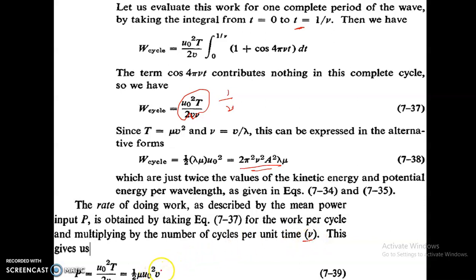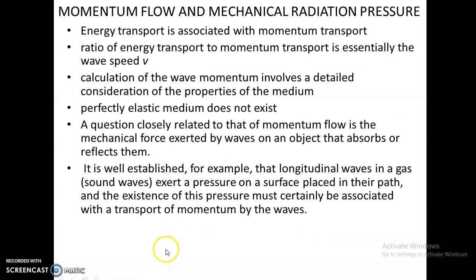Thus, the work delivering capacity or the rate of doing work, or so-called power, is equal to u0 square T by 2v only, nu cancelling, that is half mu u0 square v, because T equal to mu v square. We make that substitution here, T equal to mu v square, and we find that the power is equal to half mu u0 square v. This is the power delivering capacity of a wave.